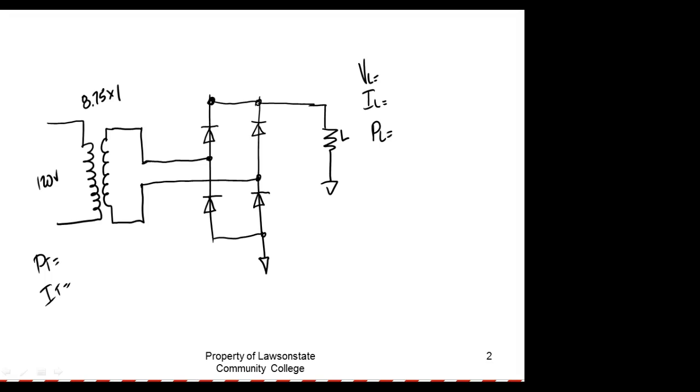What we're trying to figure out is the voltage across the load, the current in the load, and the power required by the load, and then we want to calculate the primary power and the primary current.